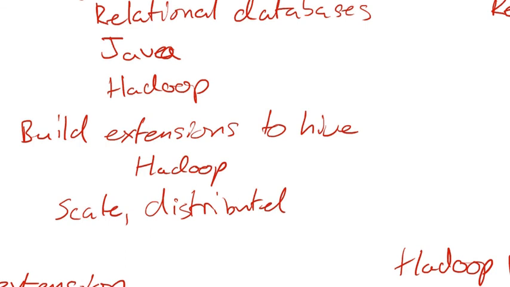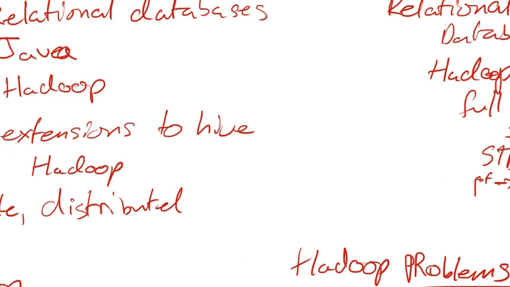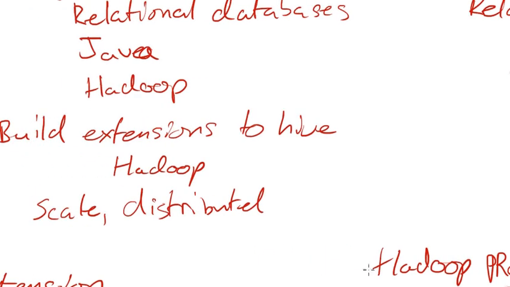So instead of needing a 5 terabyte hard drive for this one scan, I might need 2.5 terabyte hard drives. And because 2.5 terabyte hard drives are a lot cheaper than 5 terabytes, I might actually save some money. And that's the intro to Hadoop.